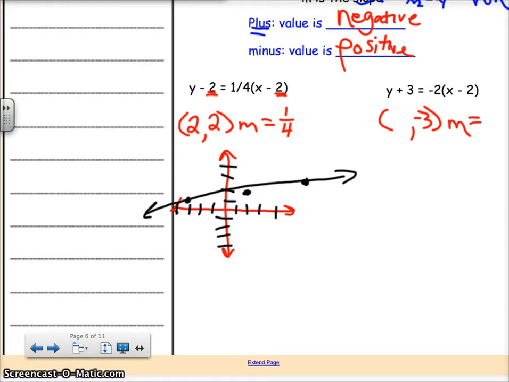And when it turned to plus 3, the only way it can turn to plus is if I minus the negative. Minus 2 didn't change, so that tells me positive 2 is my correct x. And my slope is negative 2. I'm going to put negative 2 over 1 because I still have a lot of students get confused. They think it's negative 2 over 2, and that is not the right slope.